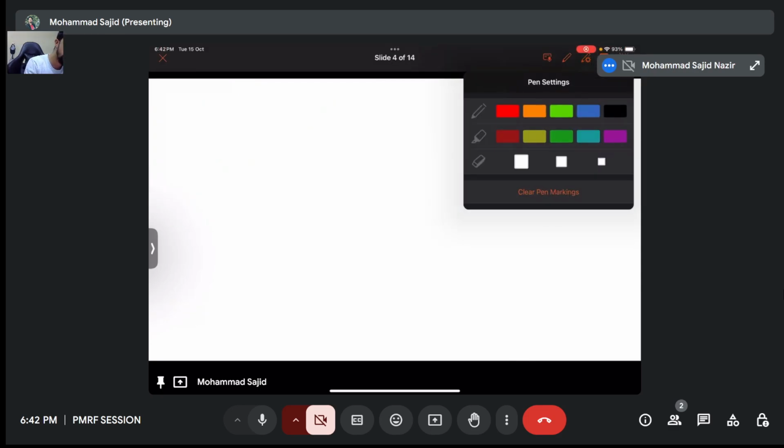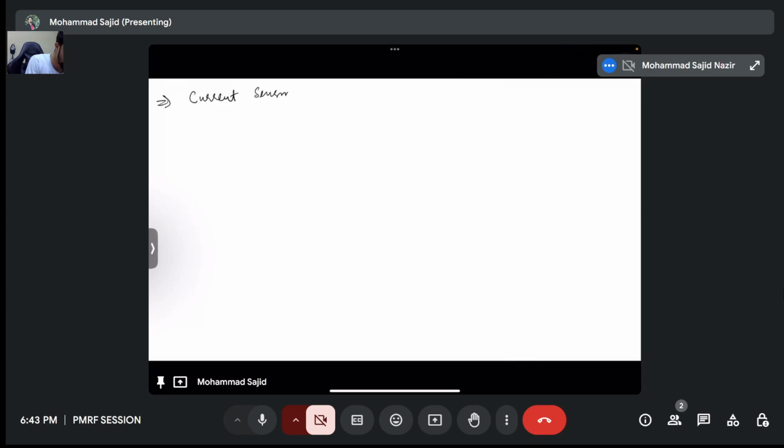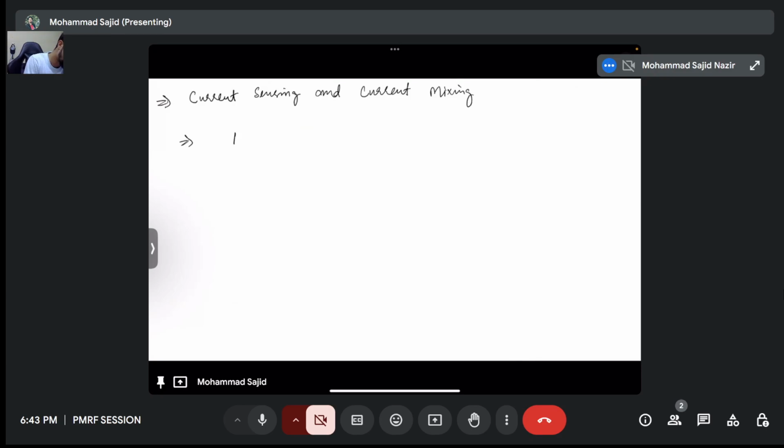So let's start. As I said, this is current sensing and current mixing. So at the input, this is Is, this is If. What I can write is Is is equivalent to If plus In, right? And what is my If?